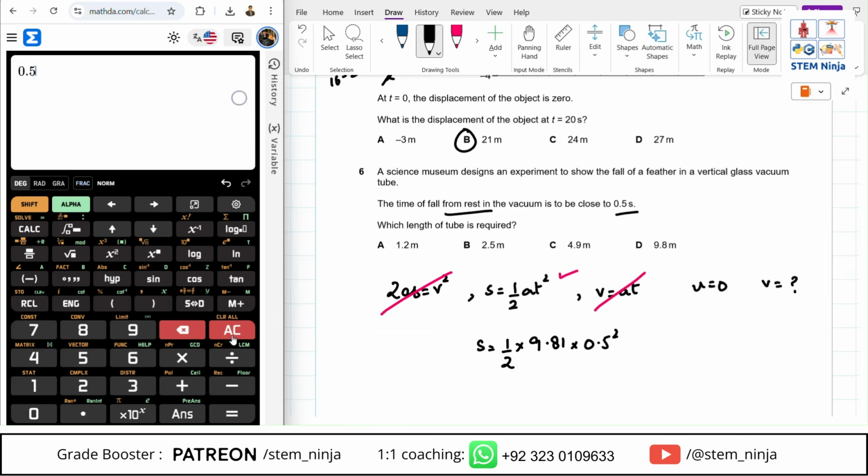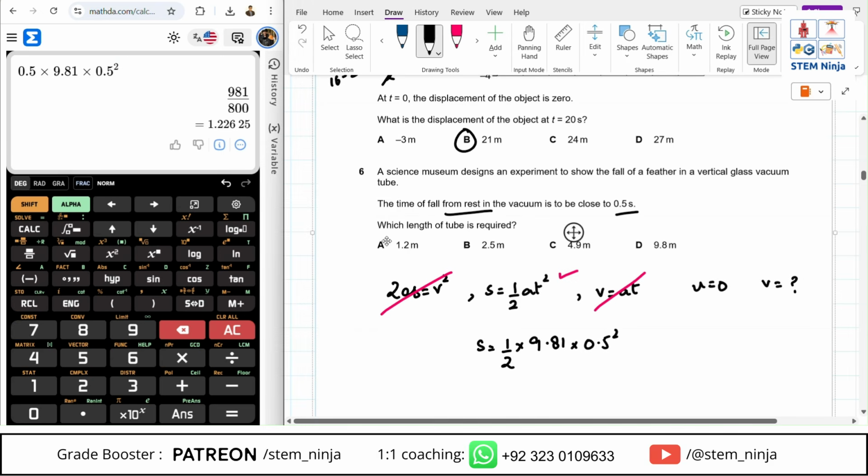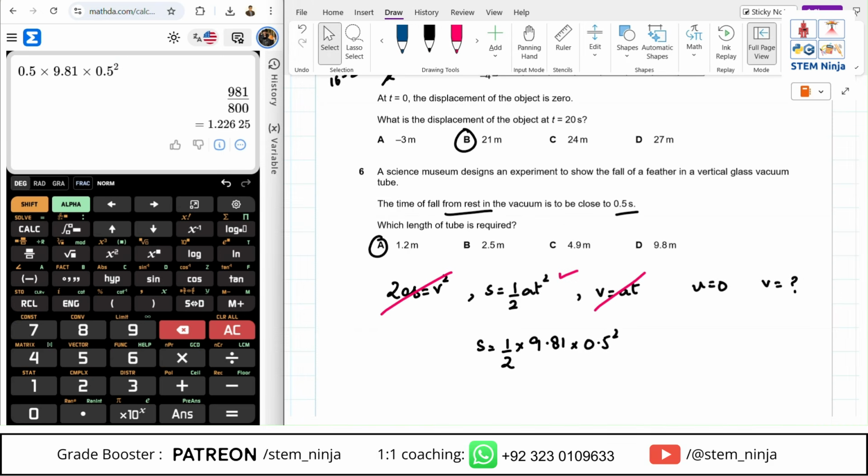So 0.5 times 9.81 times 0.5 squared is 1.22 roughly. This length would be sufficient, close to 2 significant figures.